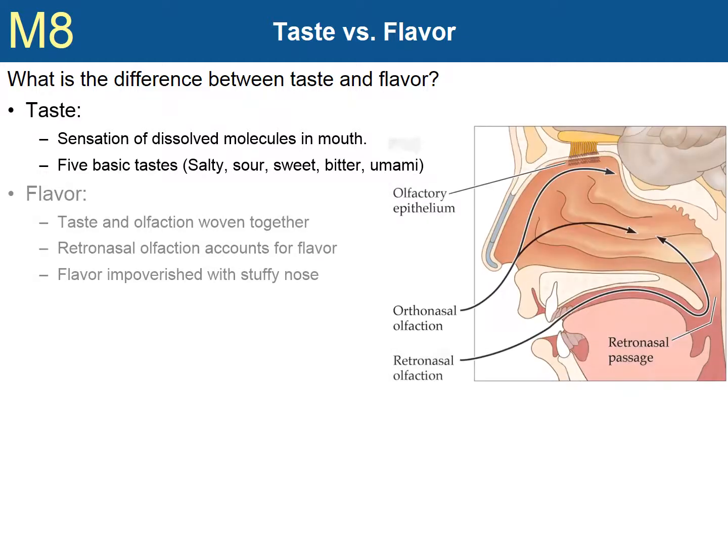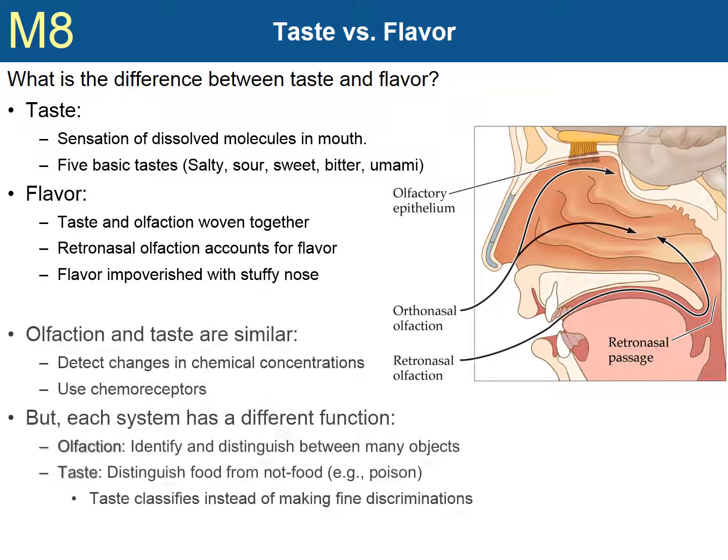As we chew food, molecules from the food are broken up, lifted into the air of our mouths, and pass into our nasal cavity retronasally. That is, we smell the food as we are chewing it. This is why when we have a stuffy nose, our food doesn't taste as good.